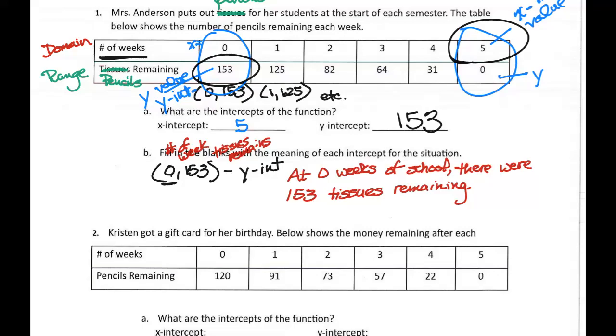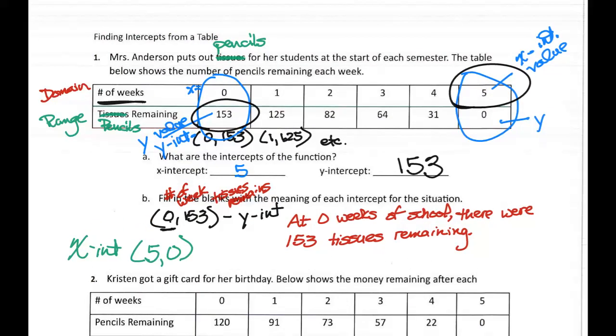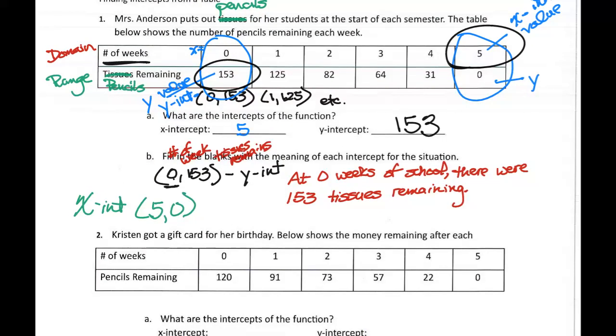Now let's look at the x-intercept. The x-intercept is going to have the x-coordinate, which is 5, 0. Okay? 5, 0. So 5 has to be the domain. That's your number of weeks. And 0 is pencils remaining. I said tissue, didn't I?